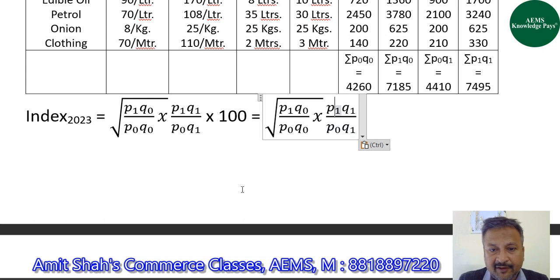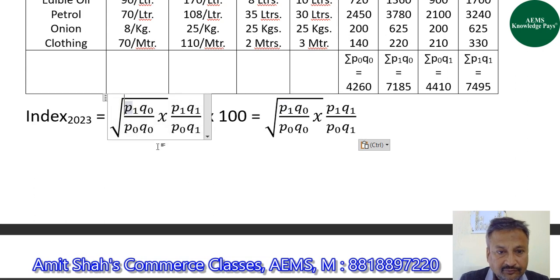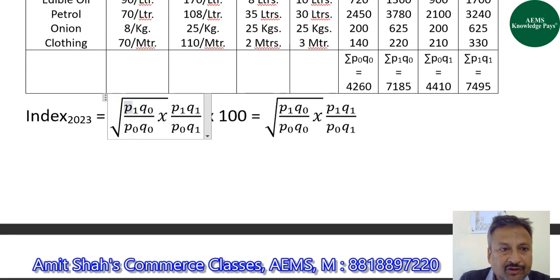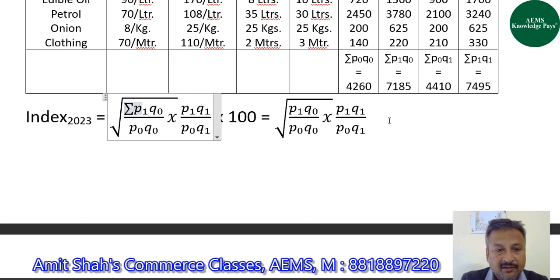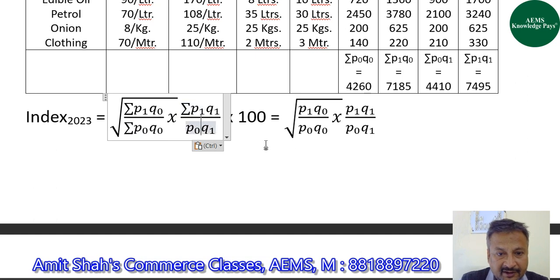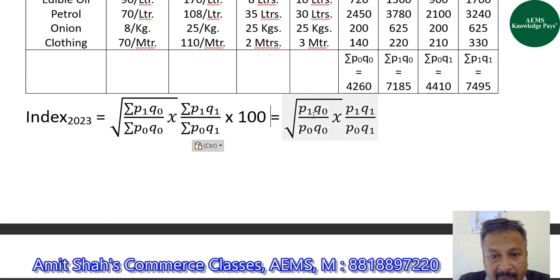So here we are putting the values, that is P1Q0. Guys, here we have the sign of summation. I'm really sorry I have not inserted that. The same way it is here in the denominator. Here also it is the sign of summation, and in the denominator also we have the sum total of P0Q1.